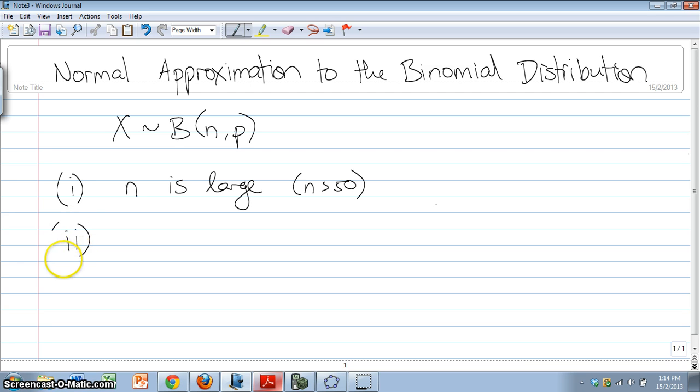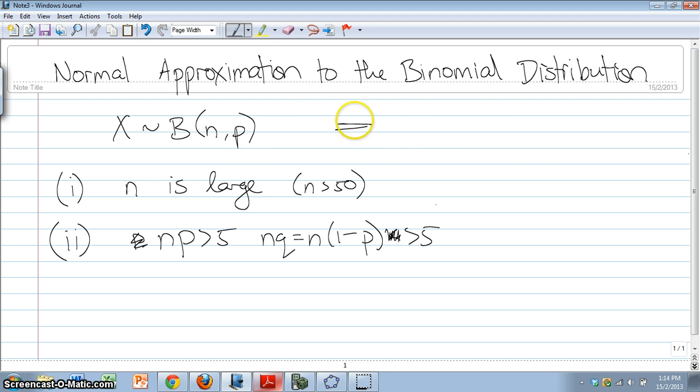And if the probability of success is not too extreme, not too skewed, so we say np must be bigger than 5, and nq, which is equal to n(1 minus p), must also be bigger than 5. If these two conditions are met, I can approximate x by a normal distribution.